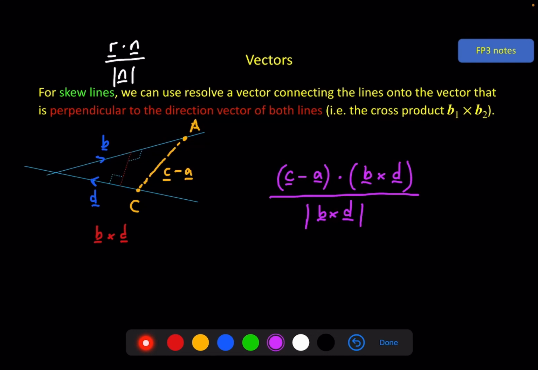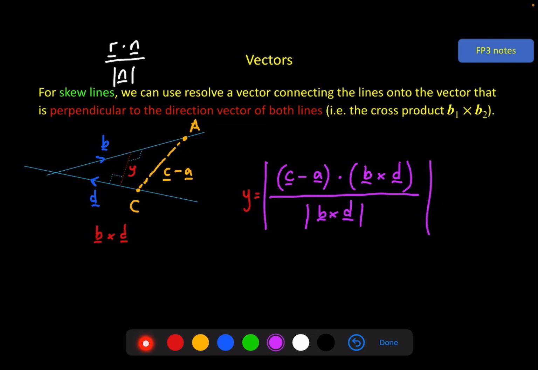And that will give us the shortest distance. Okay, maybe I should call that Y. And again, because it's a distance, if that does happen to come out negative, we should have the magnitude.